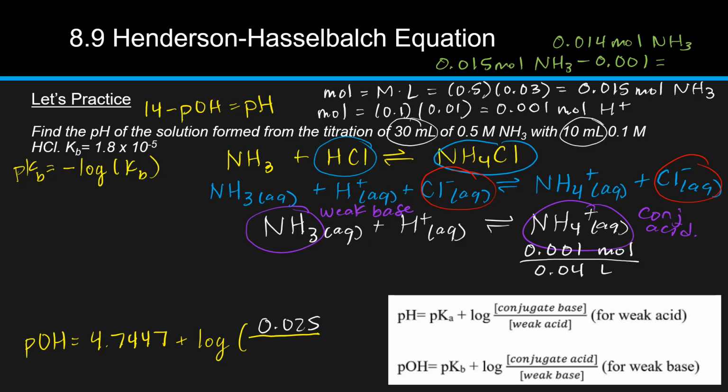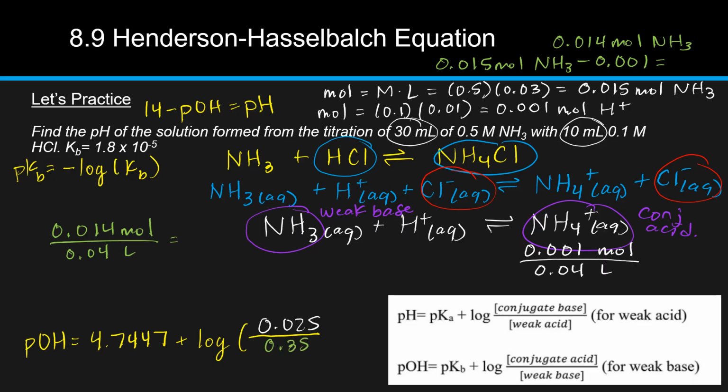So if I want to calculate concentration, I just take my moles, 0.014, and divide it by total volume, which is 0.04. And that gives me 0.35.